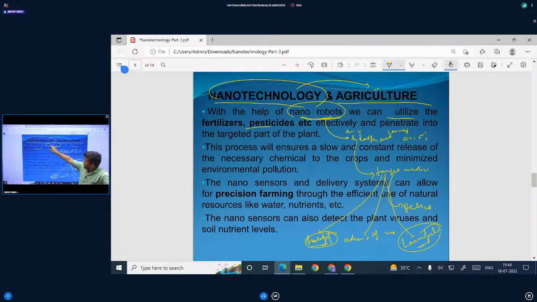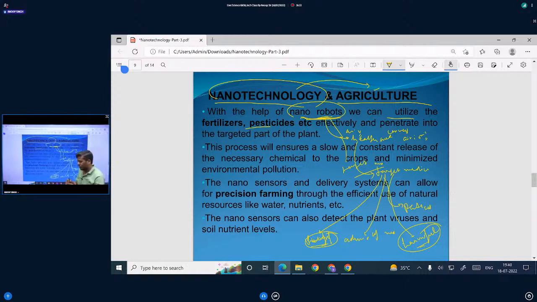But with the help of these nano robots, we can use it in the targeted area only. Okay. If you use the nano robots, they will supply these chemicals, fertilizer, or you can say pesticide, to the targeted area only.